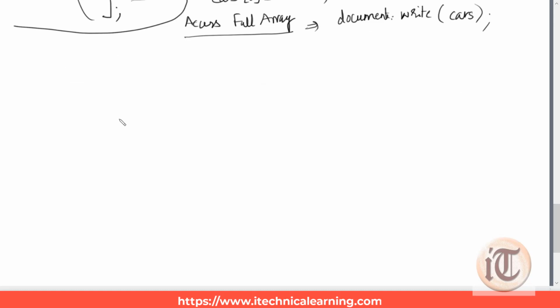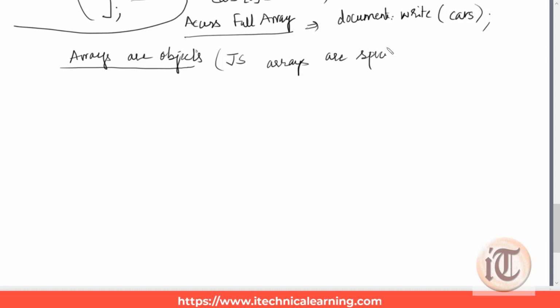Okay. Now some tutorials or books also suggest that arrays are objects, which we have declared in the last lecture. So arrays are objects. Why is it so called? It is so called because in JavaScript arrays are a special type of object.